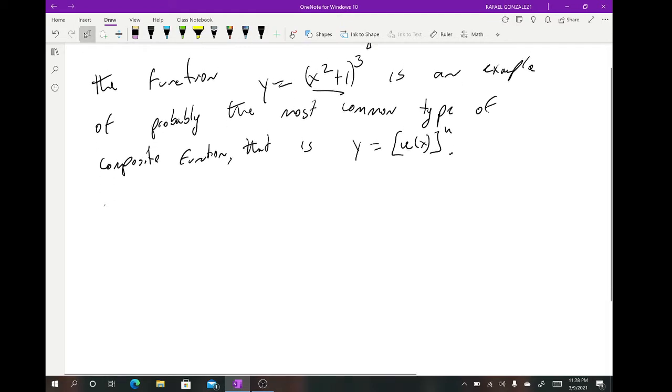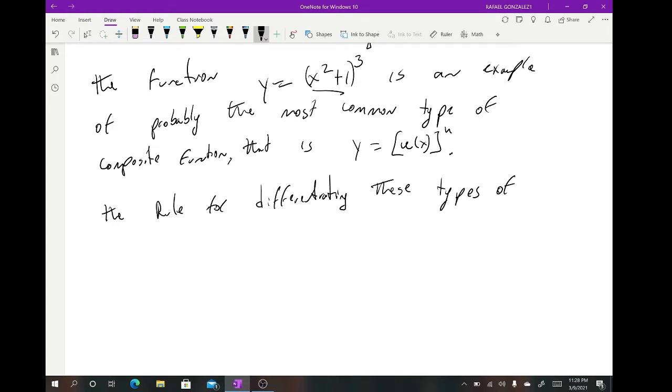Now, the rule for differentiating this type of function is called the general power rule.